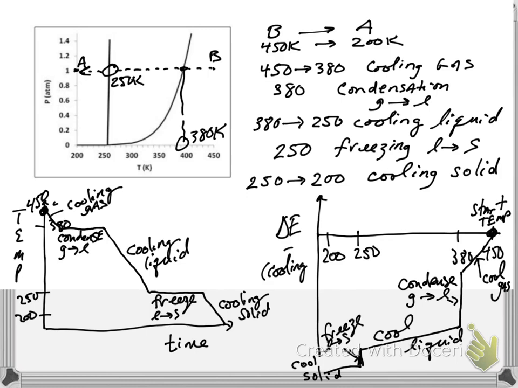So all the delta E, all the 5 individual steps, are negative. The ramps are the cooling of the phase, while the steps are the phase changes.